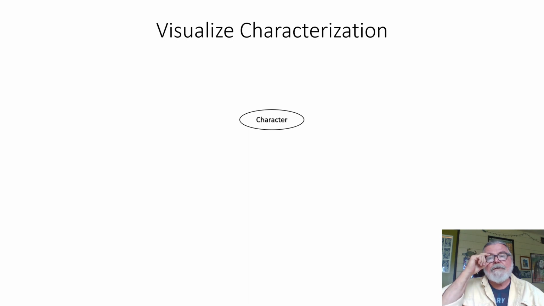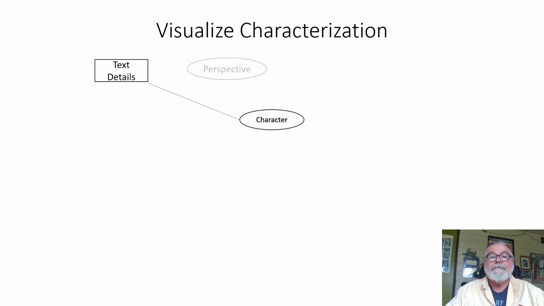The way I like to start off is with a graphic so I can visualize what the author's doing and then use this to help me identify the different characterization techniques. So we start off with the character. Then we have the text, which gives us details of the 5 characterization techniques we just looked at. It can give us the character's perspective and the motives of the character.